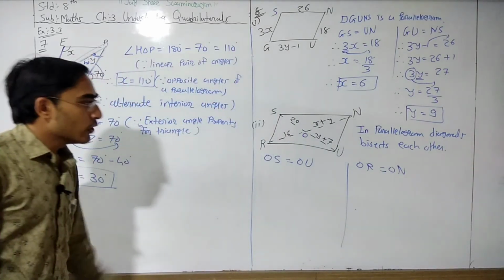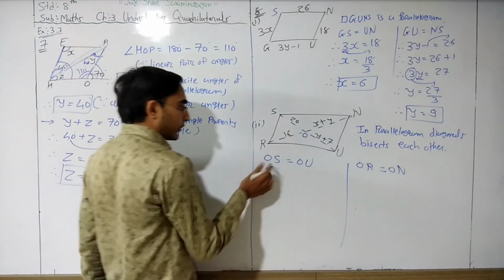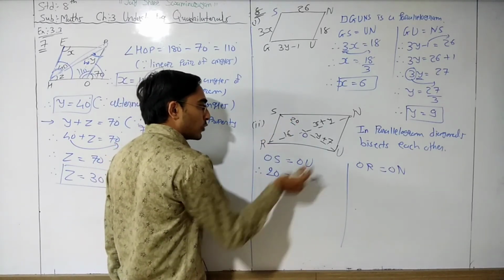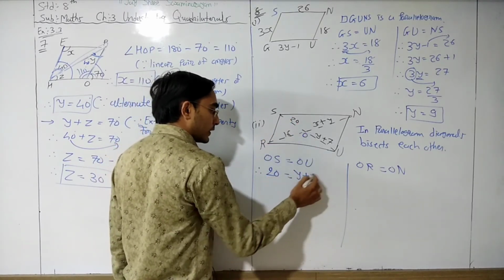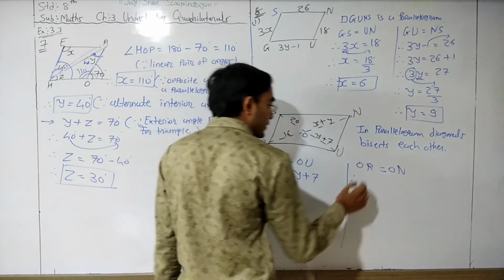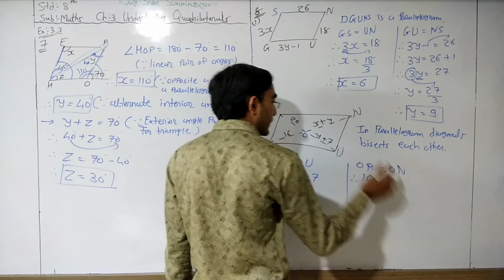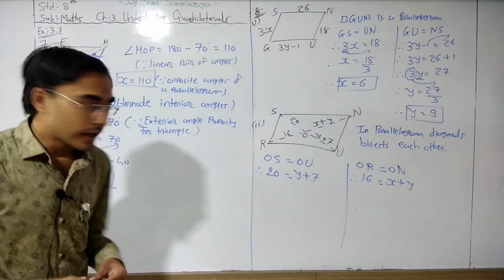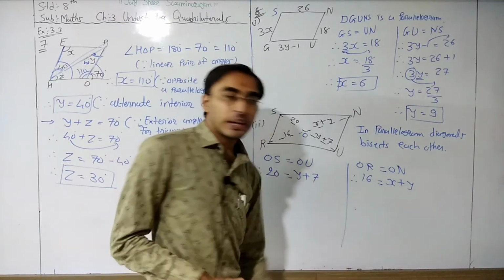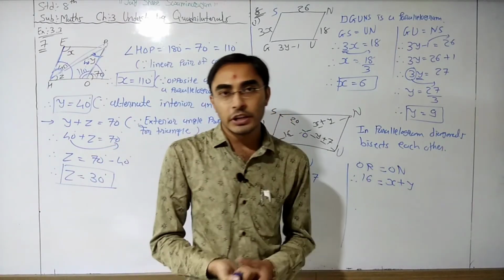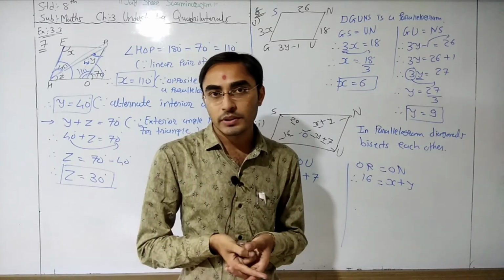Okay, now put the value of OS. OS is 20 and OU is y plus 7. OR is 16 and ON is x plus y. Here we have two variables x and y, so we cannot find the value of these two variables by using only one equation.